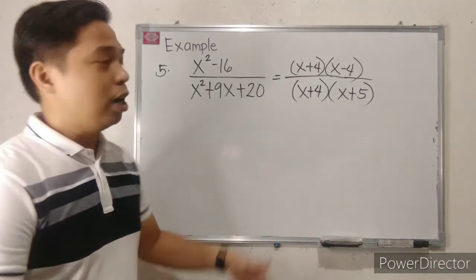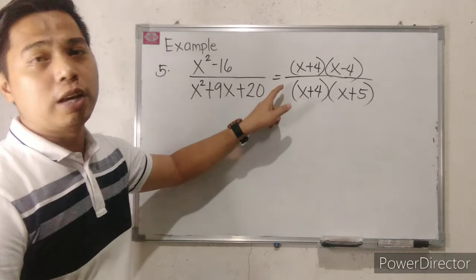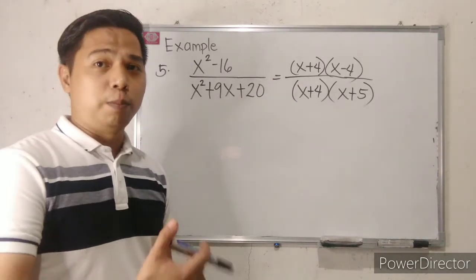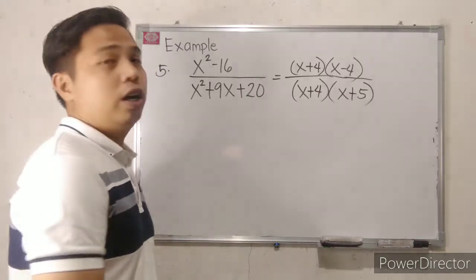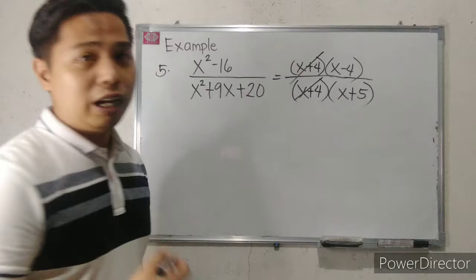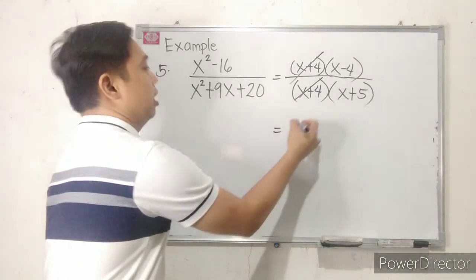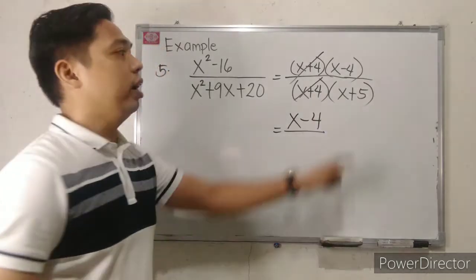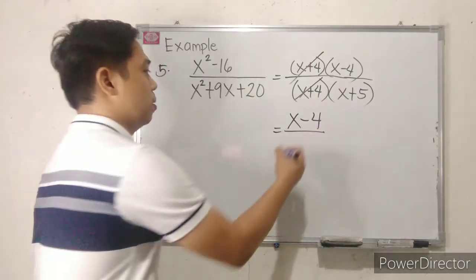So, let's take a look with our numerator and our denominator, class. So, parehas silang may x plus 4. Therefore, we can cancel x plus 4. So, ano na lang yung natira, class? x minus 4 over x plus 5.